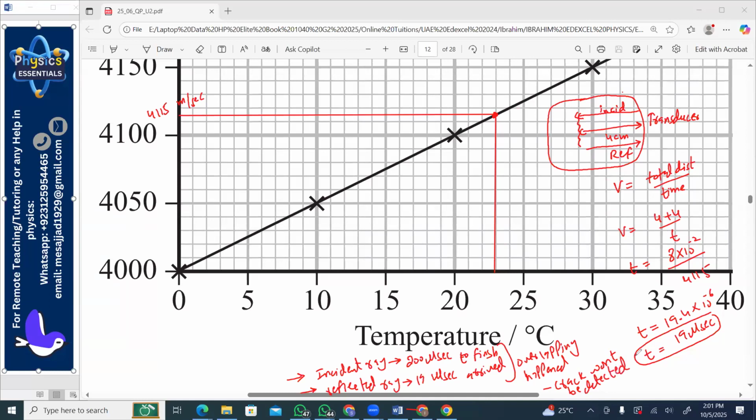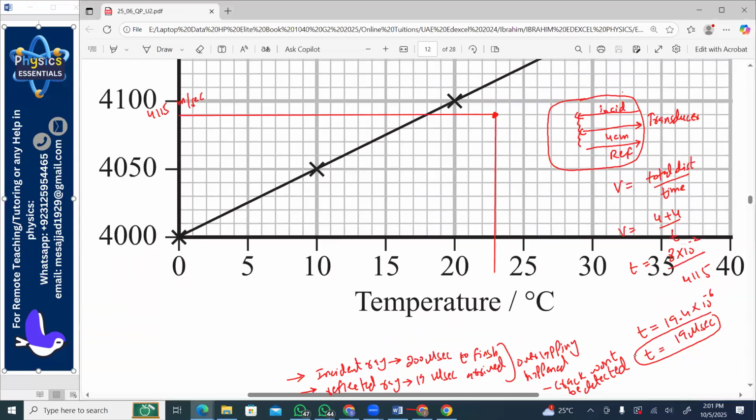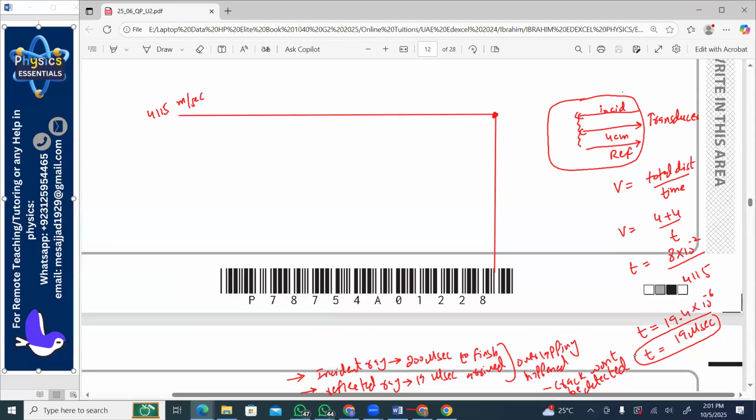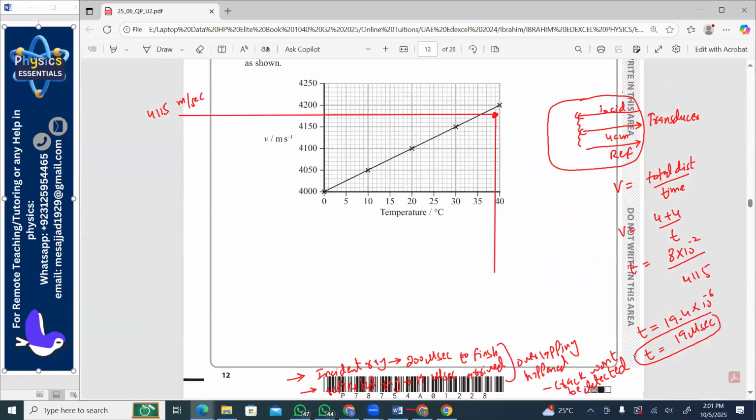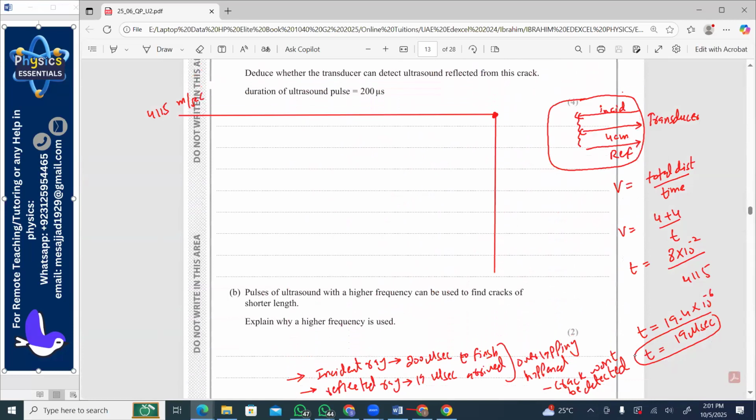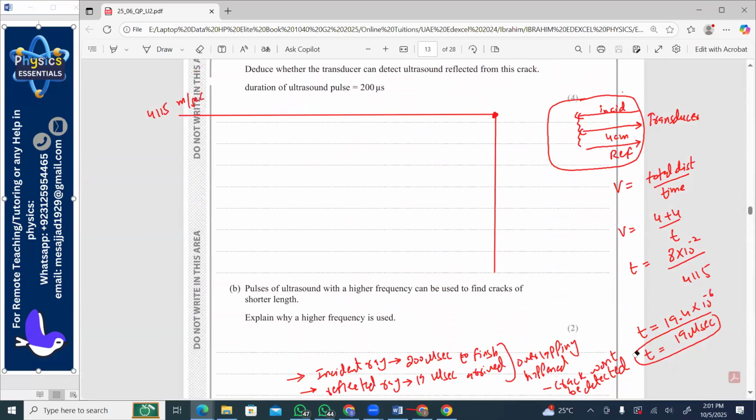So that was a rough answer that I have explained to you. Now, in a proper way, you need to write everything in here.